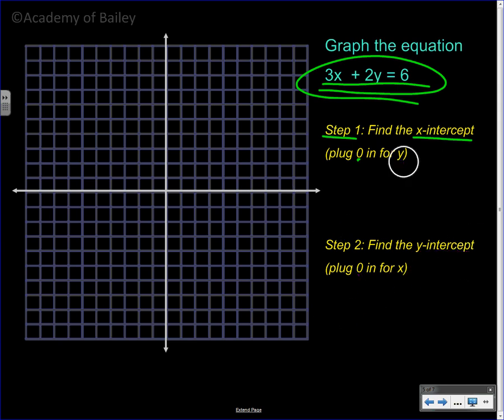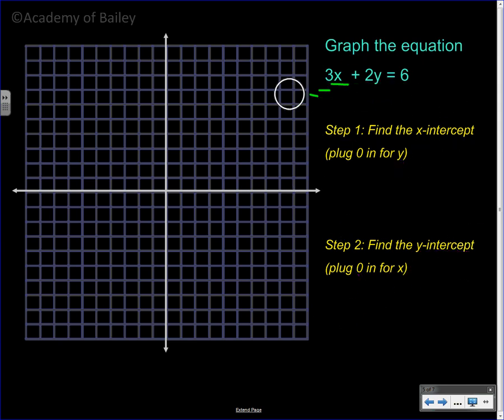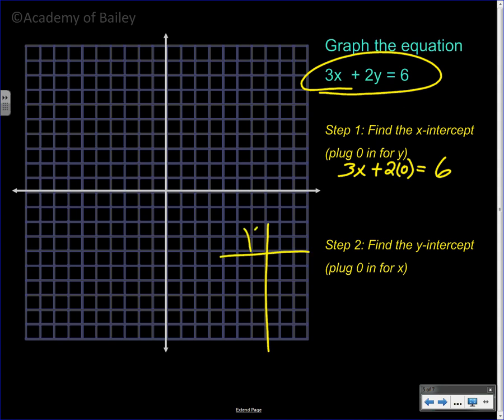Let's go ahead and get some of this done. All right, step one, find the x-intercept. You plug 0 in for y. Well, let's use this equation here. 3x plus 2y, and we're plugging 0 in for y. That's equal to 6. And if you want to think about it like this, with a table, let y equal 0.